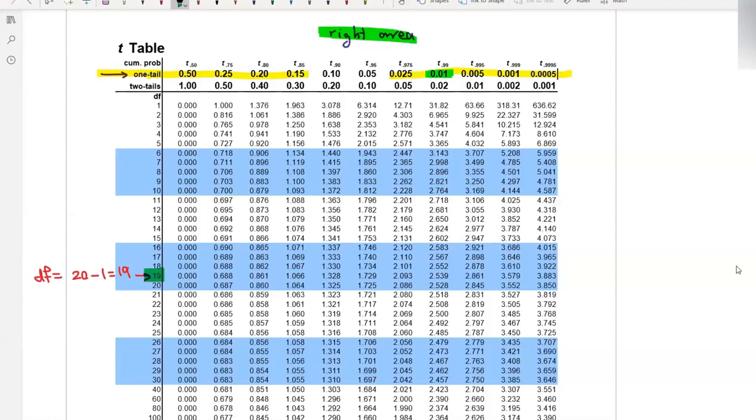For this row, the largest number in this table is 3.883. I do not have 20.19, so this falls beyond 3.883, whose right area is this number on top, because we're working with one tail. It's a right tail, and the answer for this is 0.0005.